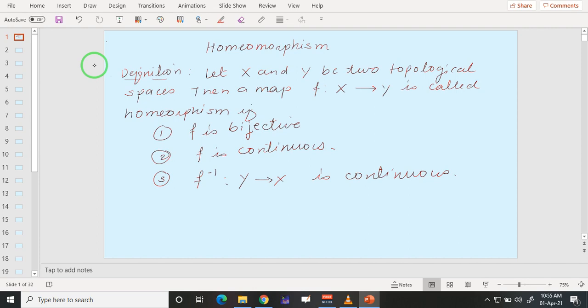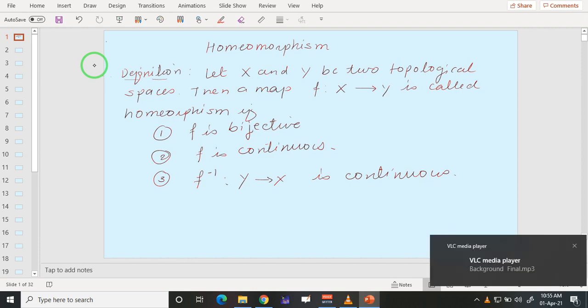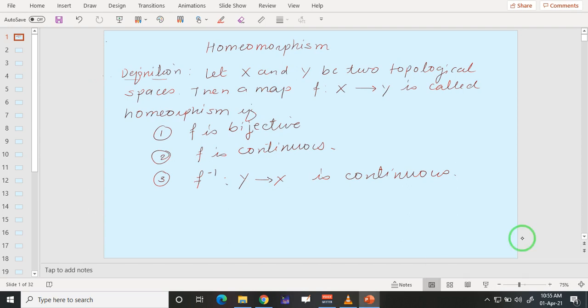Now here there is a distinction. If you remember, for the continuity of a function we have used this notation, but that notation is for the inverse image, and here when we say f raised to -1, this is for the inverse of a function.